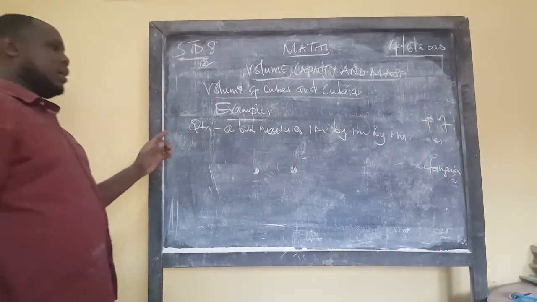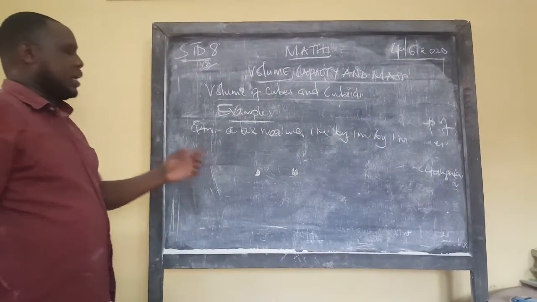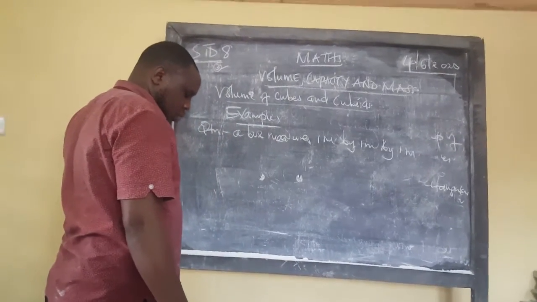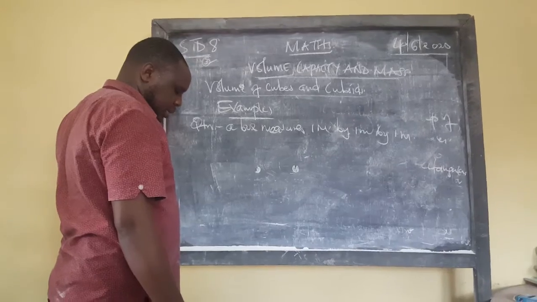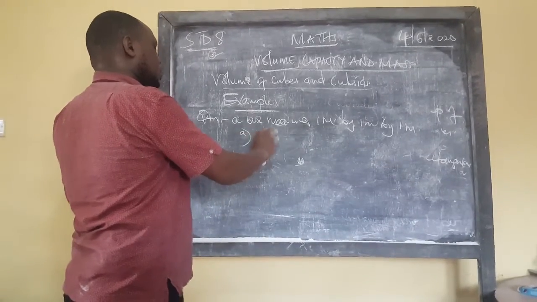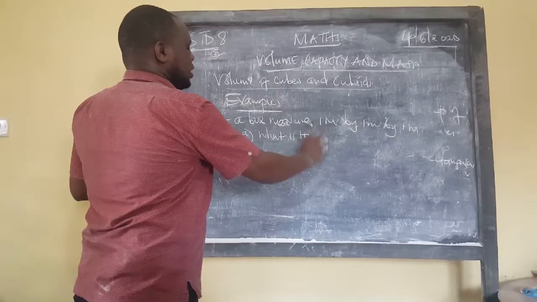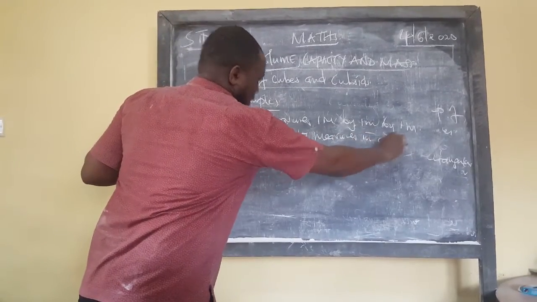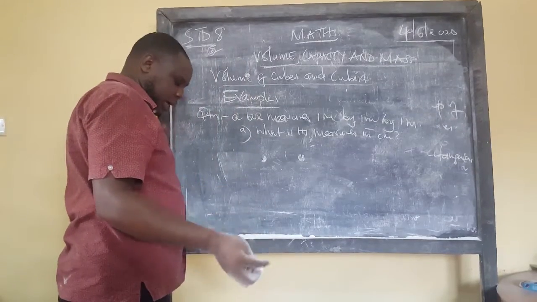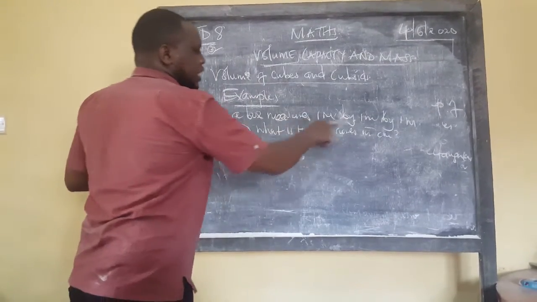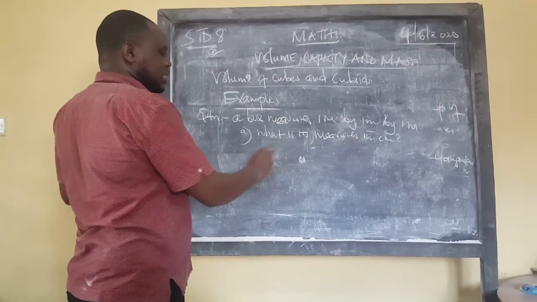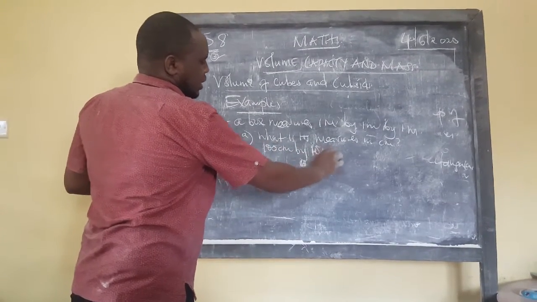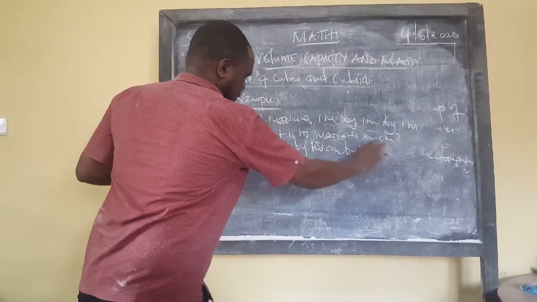Definitely this is a cube because all the sides are equal. Question A: what are its measures in centimeters? It is not in centimeters squared, it is in centimeters. So you just change this to centimeters. Its measures in centimeters are 100 centimeters by 100 centimeters by 100 centimeters.